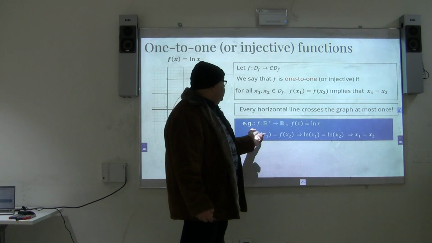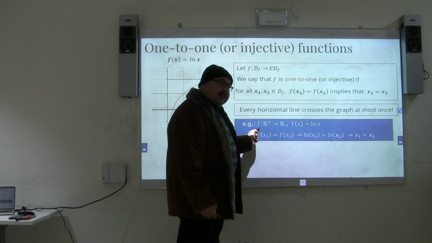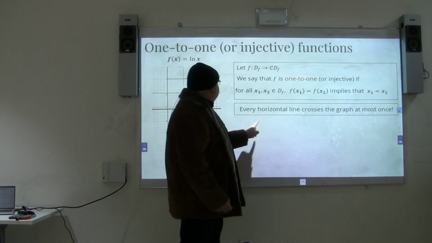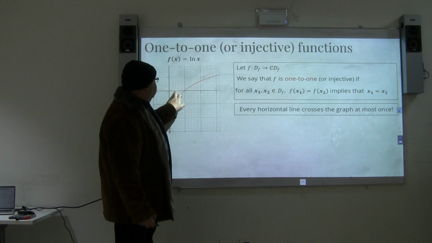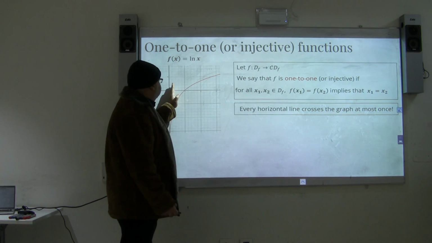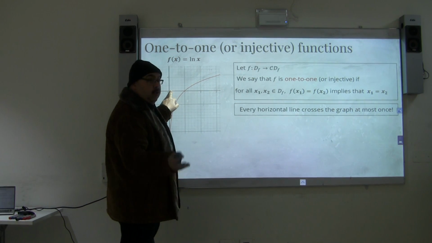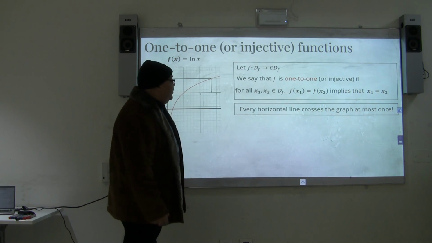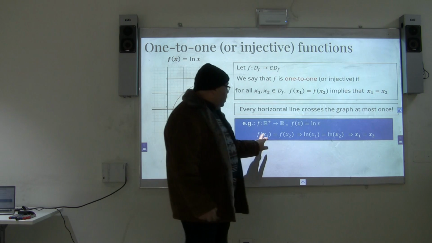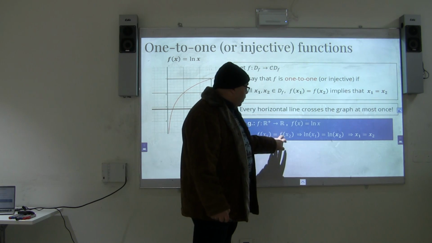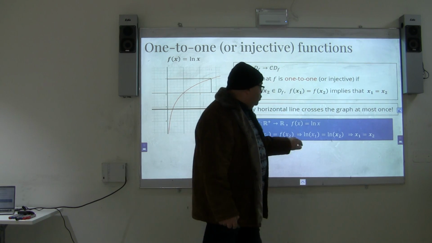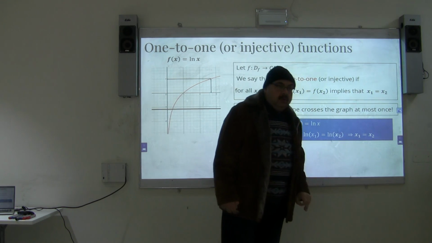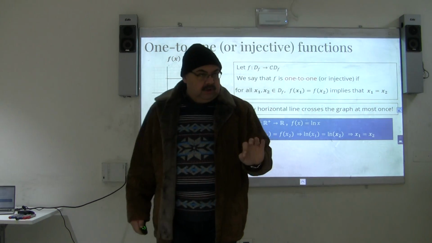Once more, analytically, the domain of the logarithmic function is positive, R positive, starting from 0, open, up to infinity. The domain, I'm talking about the x-axis. And as I told you, if you have f of x1 equal f of x2, it will lead to ln x1 equal to ln x2, which means x1 is equal to x2, which means it's an injective function.